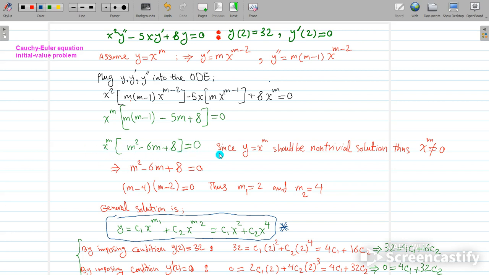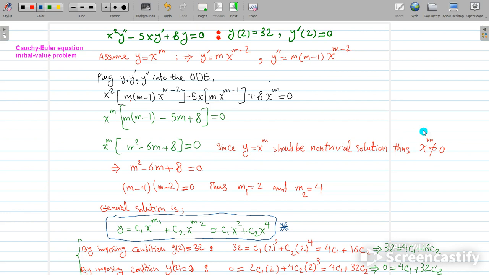Since we are looking for a guess for y as x to the m, and this y should not be 0, or in other words we are looking for a non-trivial solution, in this specific case because y at 2 is 32, y should not be equal to 0. That's why, if y is not equal to 0, x to the m should not be 0.